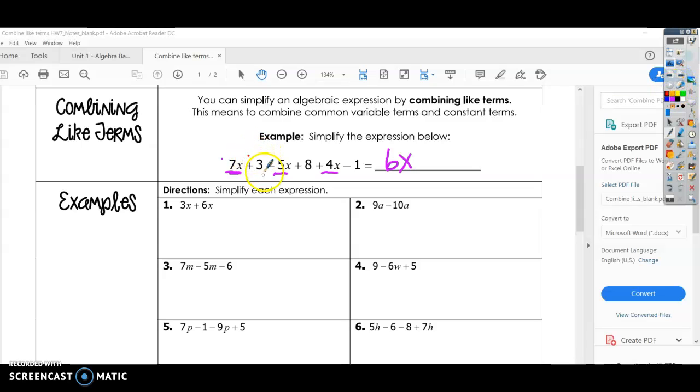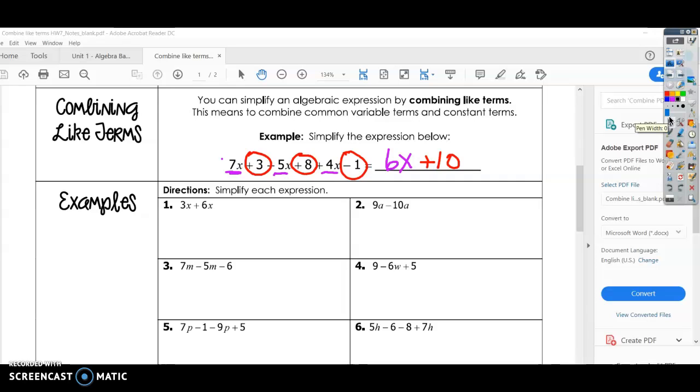We have a 3, an 8, and a negative 1. 3 plus 8 is 11, 11 minus 1 is 10. So plus 10. When we combined all like terms, we combined all the x's together, and we combined all the numbers together.